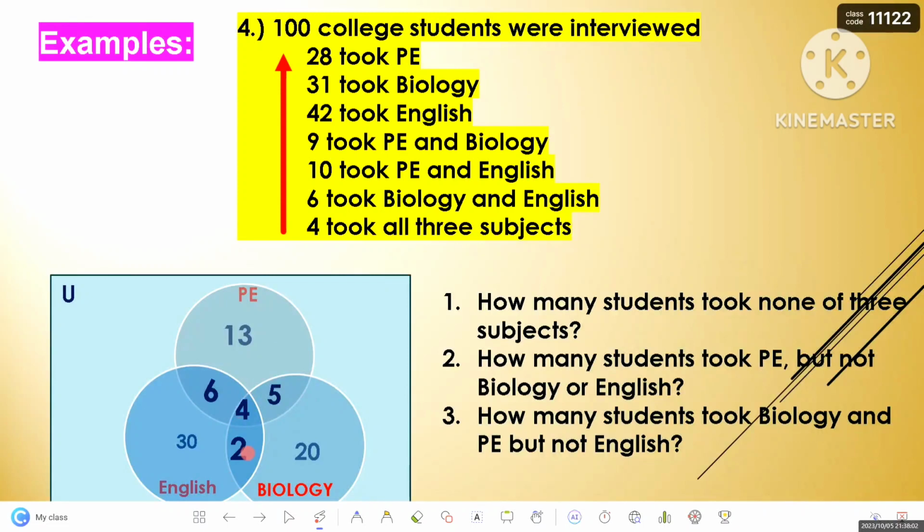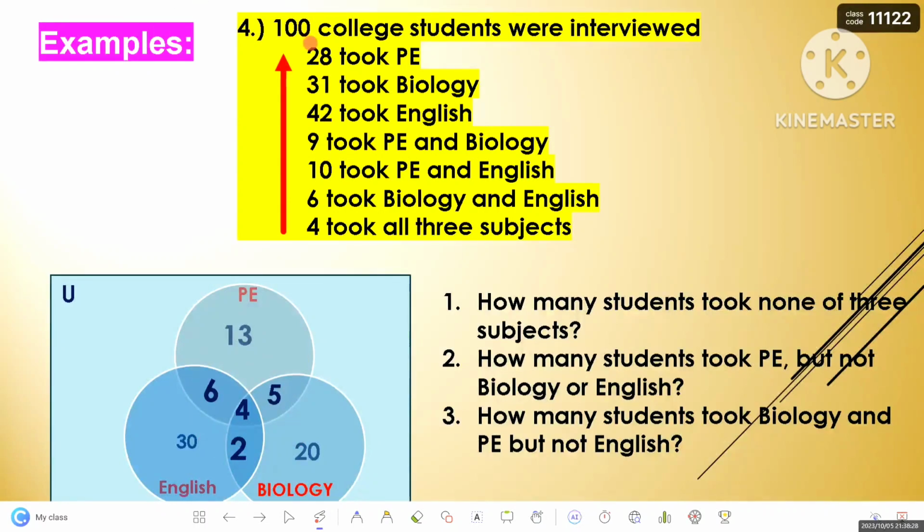Now, if you add this all, 4 plus 6 plus 5 plus 2 plus 13 plus 18, plus 30 plus 20, we get a total of 80. Yes, 80 lahat itong entries natin.